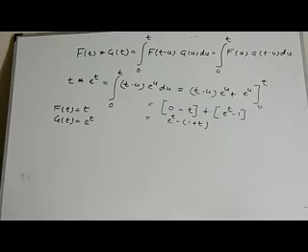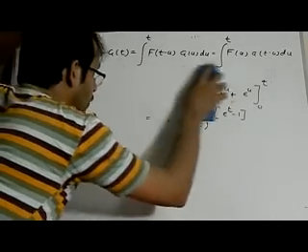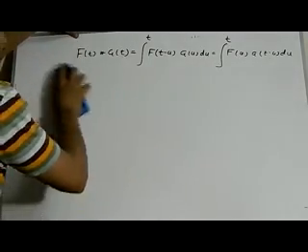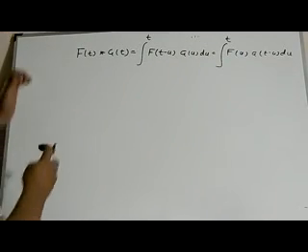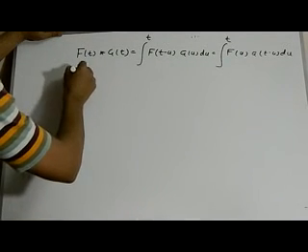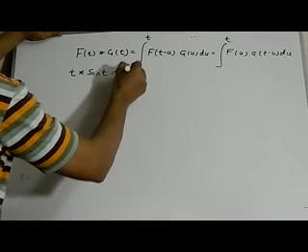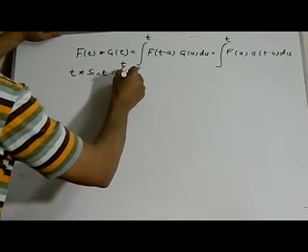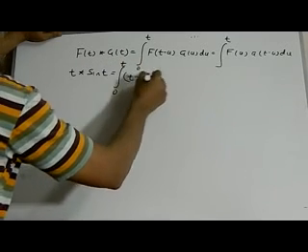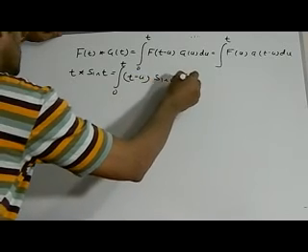Another example I want to take again. Suppose I have to find the convolution of t star sin t. What will it be? It will be the integral from 0 to t of (t minus u) sin u du.